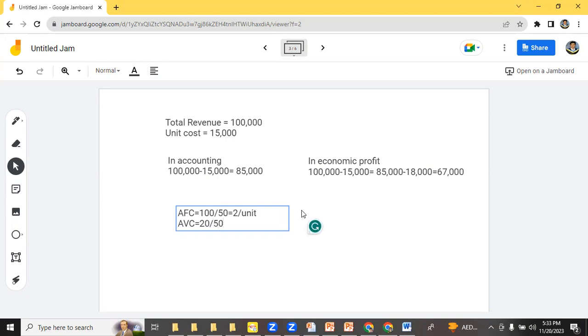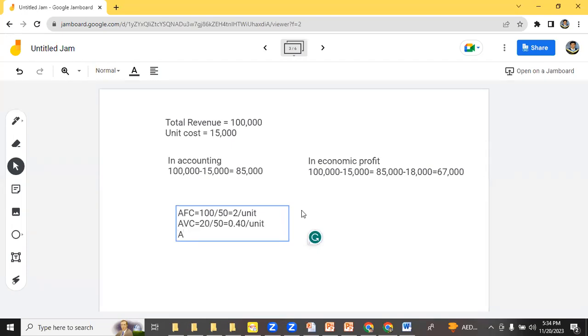For example, sa isa ka gani ka baker, 50 ang ma-produce mo. So, pila na siya. That would give you 40 cents per unit. Okay? So, basta lingon, in terms of the variable cost naman, kada produce mo, assuming that you're able to produce 50 units, ang isa dira ka unit will cost 40 cents for your variable.